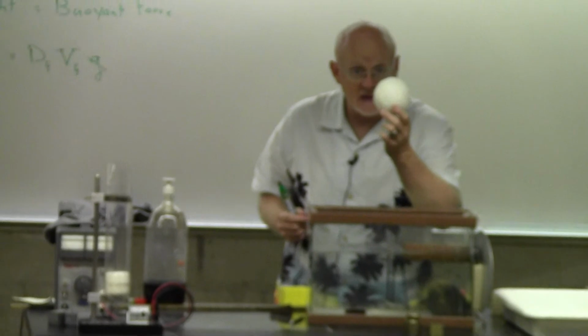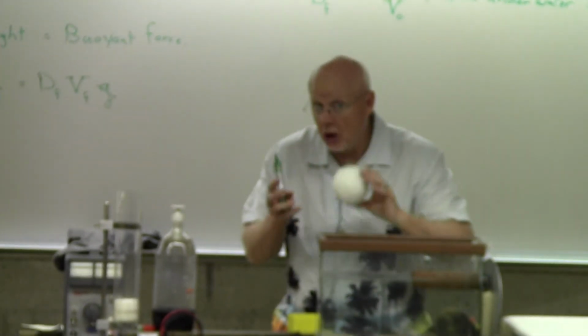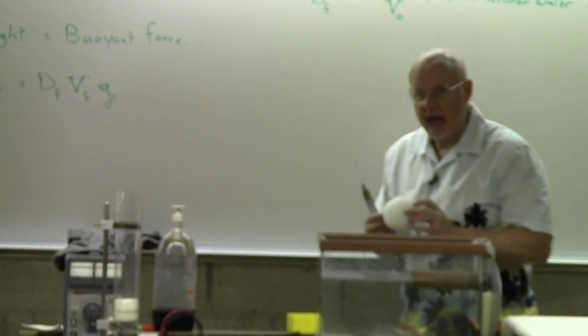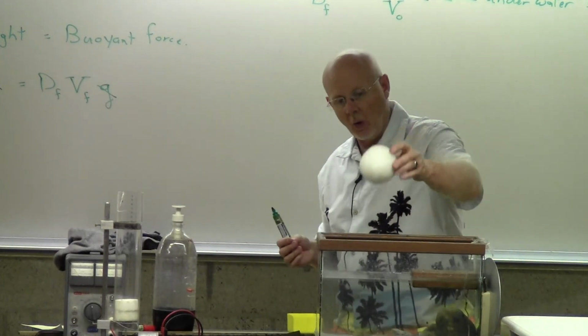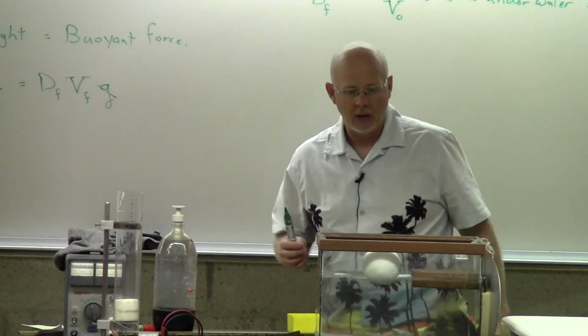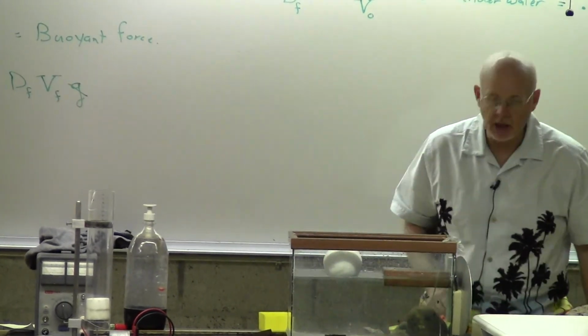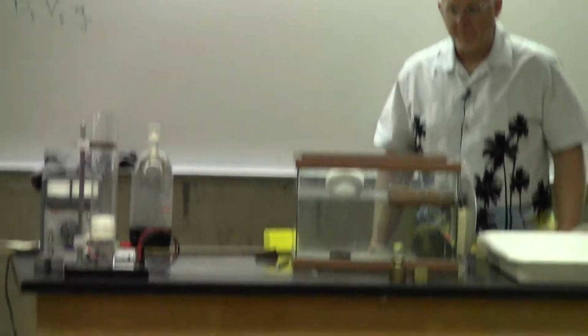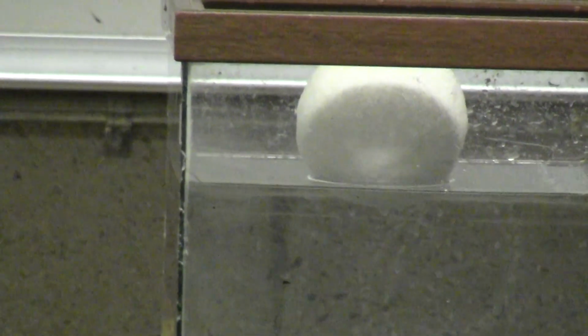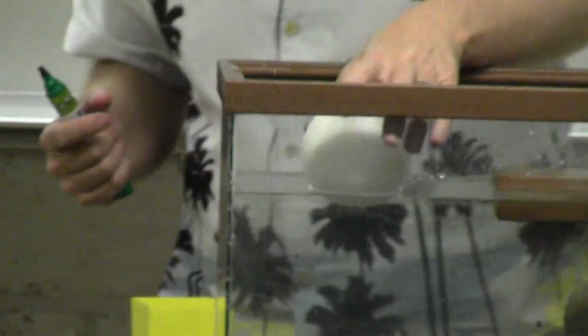The density of this styrofoam is really low. It's like 1/10. And so only 1/10 of it, maybe a little more than that looking at it, is underwater. And so how much it floats above the water is an indication of that.